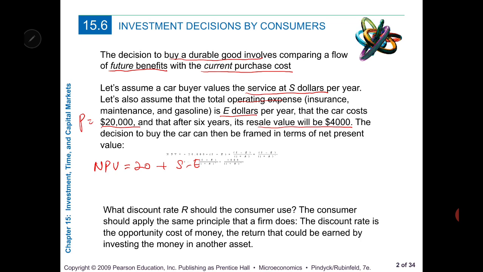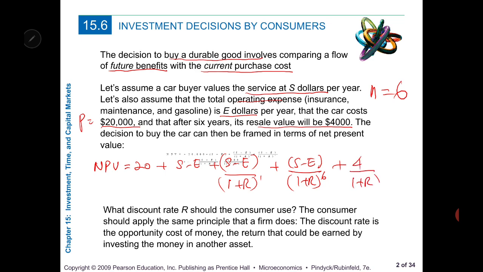Plus the second year, minus, this one is after the first year of using, until (1 plus R) to the power of 6 years. Okay, let's say you use the car for 6 years, N is 6, and then don't forget the scrap value at the end in the 6th year. Okay, so that's the presentation.